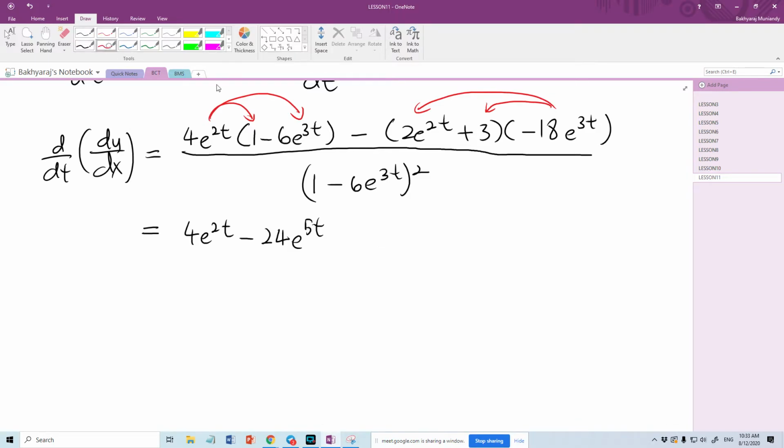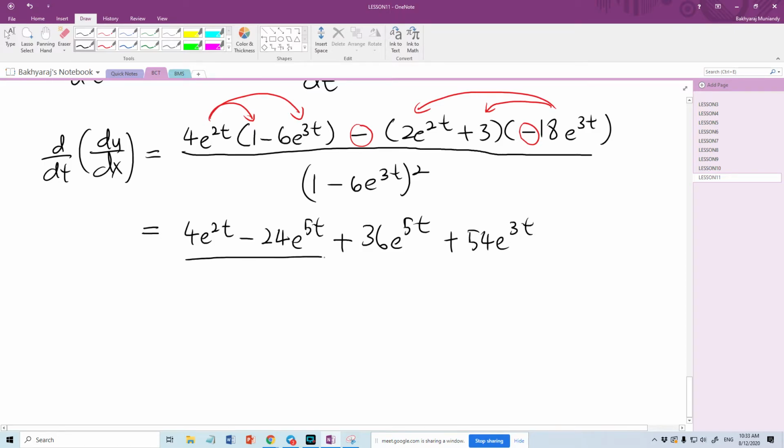Okay, as I said to you, so here you have negative. Okay, negative negative will be positive, right? So you have positive. Okay, 18 times 2 you get 36 exponent 5t. And here we have positive, okay, 18 times 3, okay, 18 kali 3, yeah, correct, 54. So you get 54 exponent 3t divided by 1 minus 6 exponent 3t square.